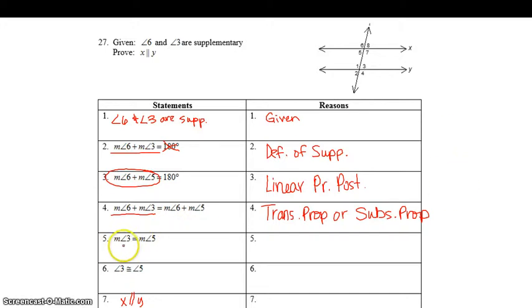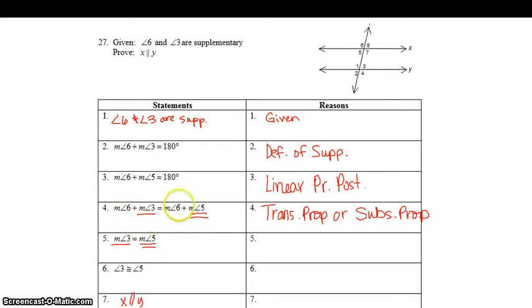Okay, on here, notice that from step 4 to step 5, we have some things that are the same. I've got angle 3 on the left side, and angle 5 on the right side.